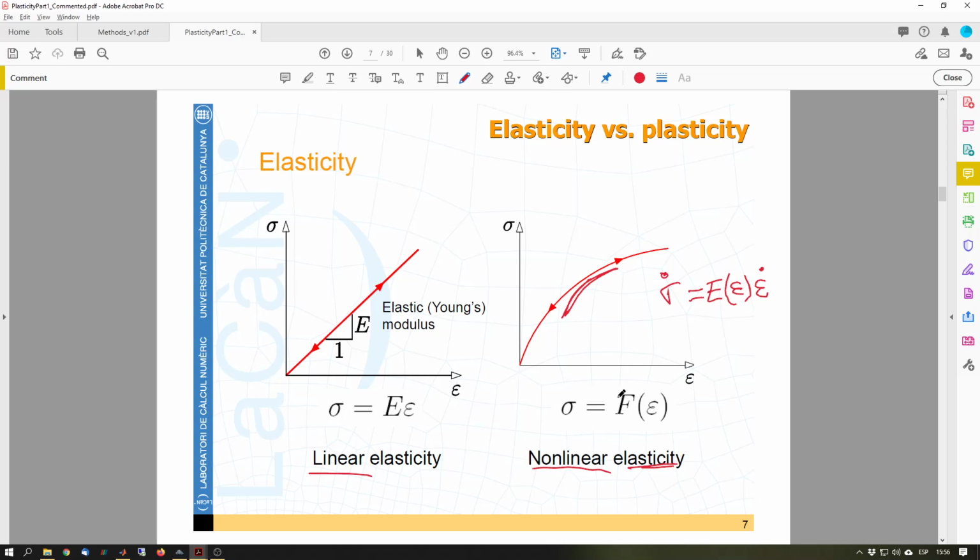All this is elasticity, with no plastic behavior, because this nonlinear representation satisfies that it goes through the origin. It means that if epsilon equals 0, my stresses are also equal to 0. There's a one-to-one relationship between stresses and strains.